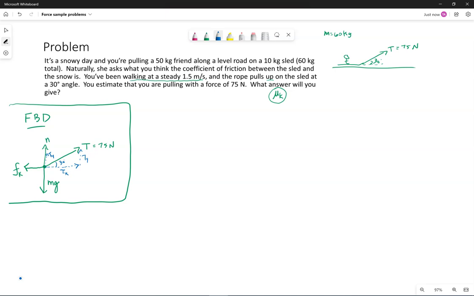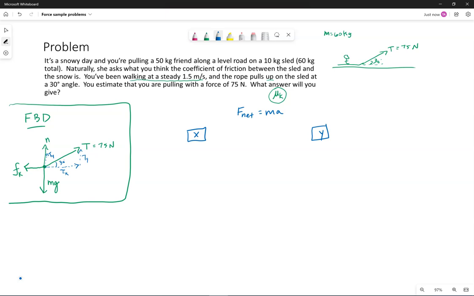Now that we have the free body diagram, though, we're going to write out net force equals ma for the X direction and for the Y direction. And again, we're going to do this symbolically for the practice, and also to realize that normal force is not going to equal mg in this case.